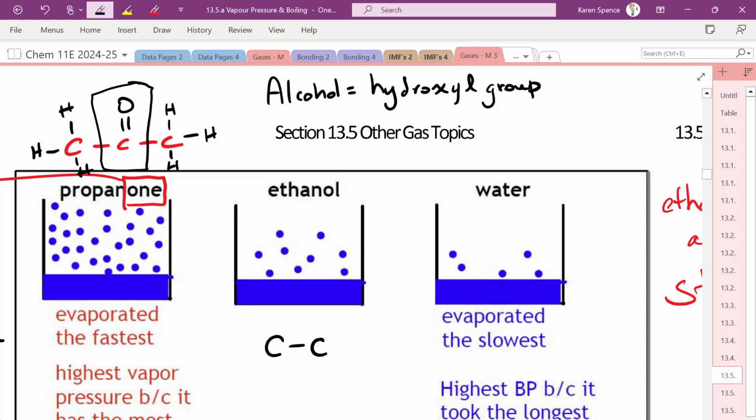Alcohols have what we call a hydroxyl group. What do you think hydroxyl looks like? What does it kind of sound like? Hydroxyl sounds kind of like hydroxide. Yes? So hydroxide is the ion, OH minus. Hydroxyl is OH, but bonded covalently. Yeah, not ionically. Okay.